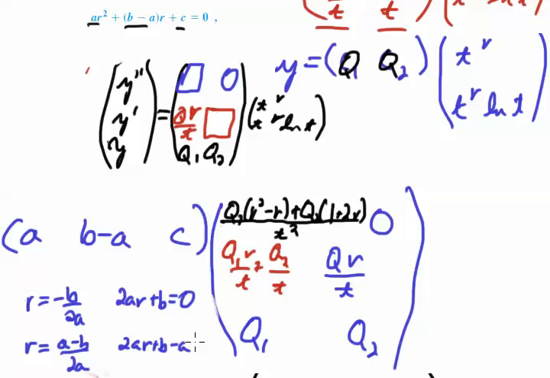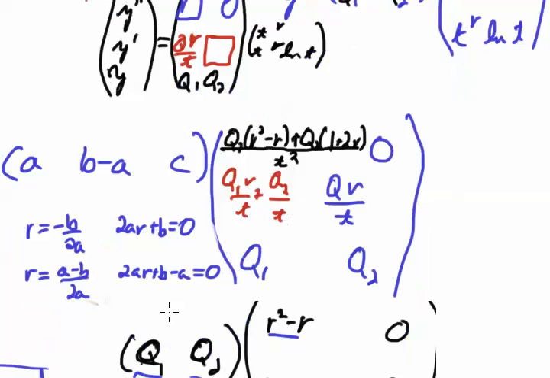So how else could I say that? Factor out the a's. A times 1 minus 2r plus b equals 0. I guess I factored out a negative a.